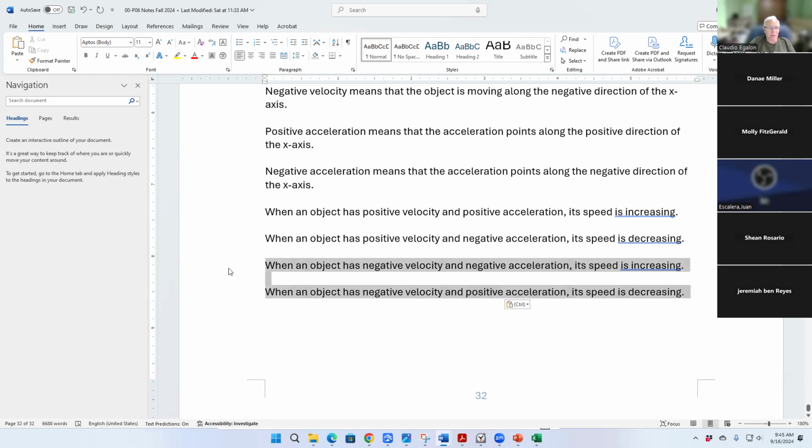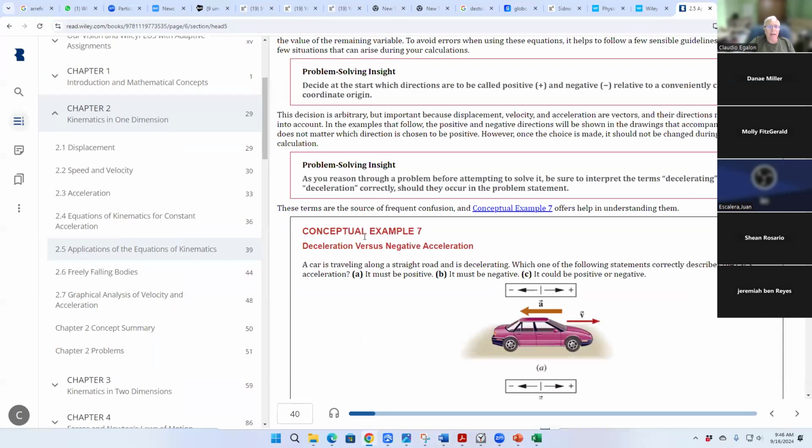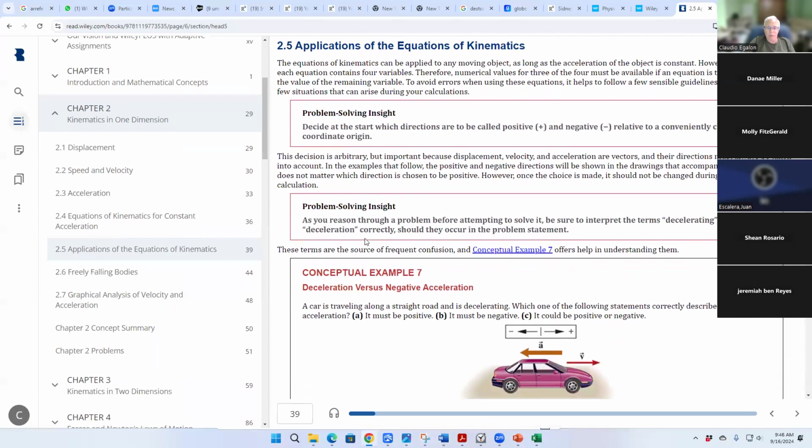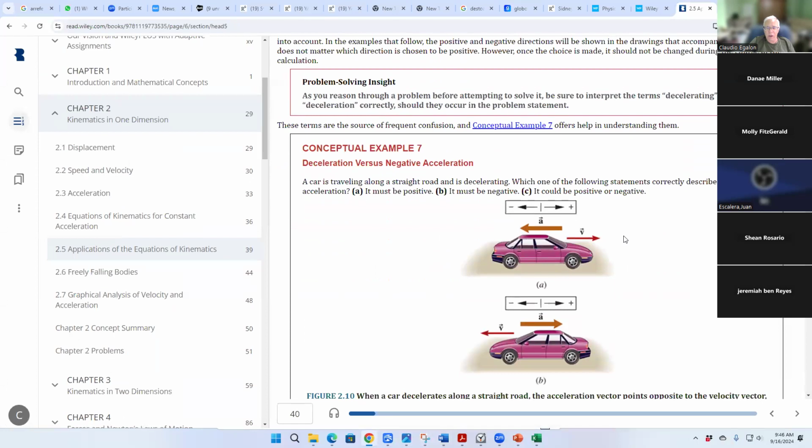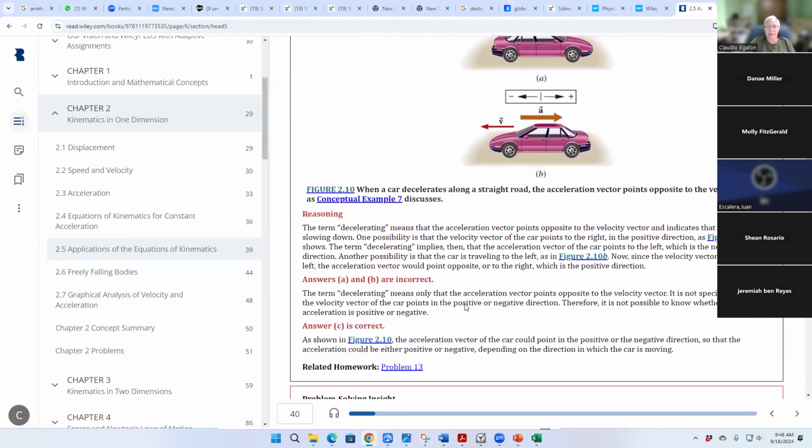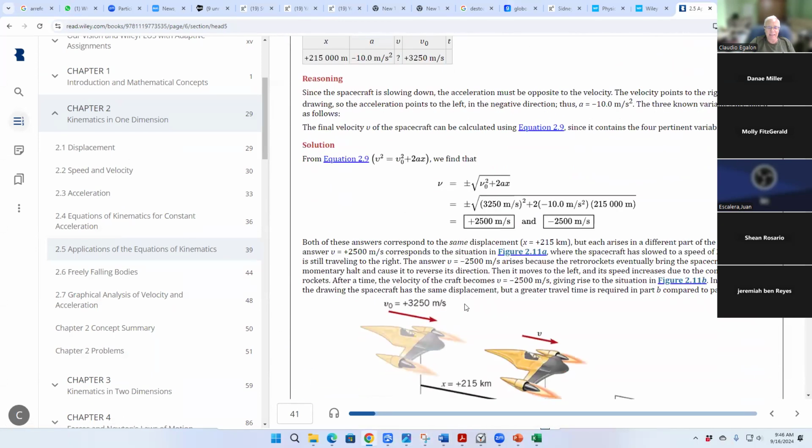I didn't illustrate these other two. I illustrated those two right here. Okay? That's what you have to know about the signs of the velocity and the acceleration. And that's what we have right here in this chapter. Okay, see here, velocity to the right, acceleration to the left. In this case, the speed is decreasing. Velocity to the left, acceleration to the right, the speed is also decreasing. Okay? And so on.